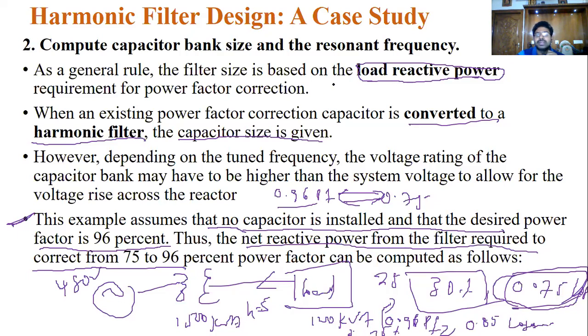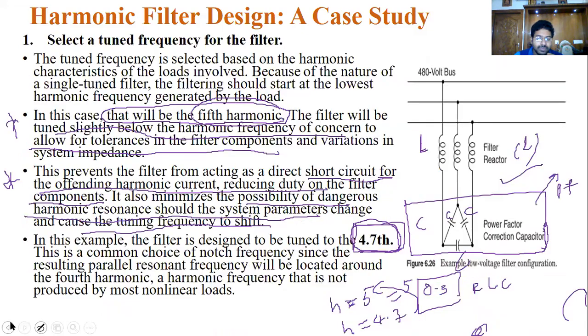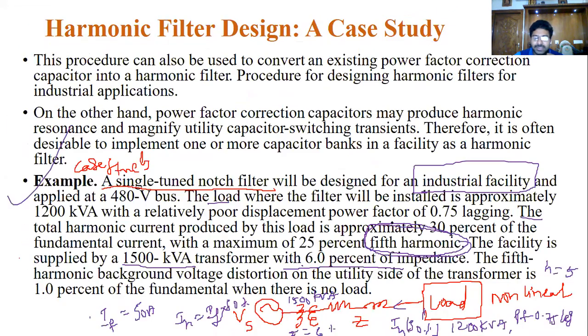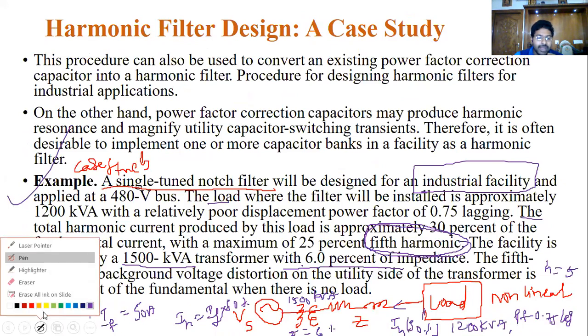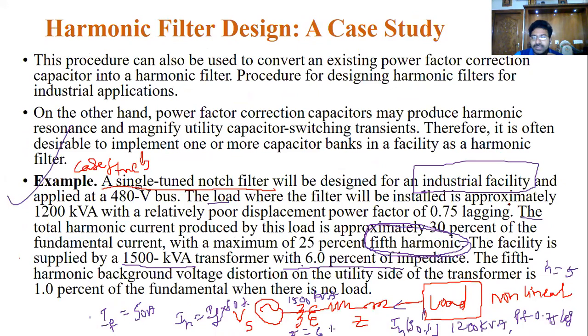Under normal working conditions your power factor is 0.96, but because of the non-linearities present in the system, the power factor is only 75%. Our aim is to increase 75% to 95%, 96% or 98%.